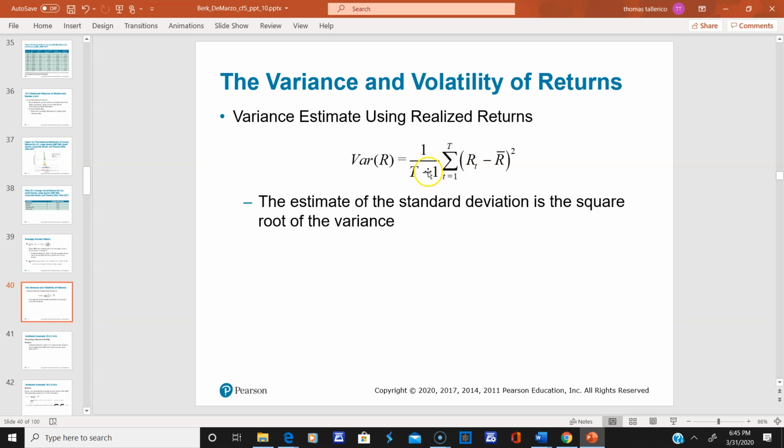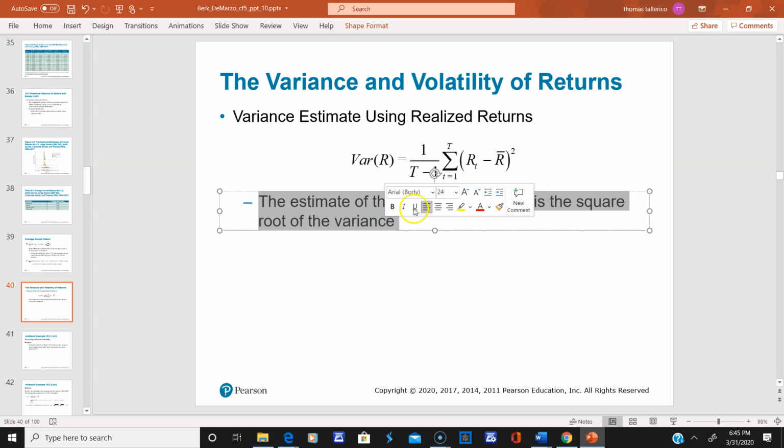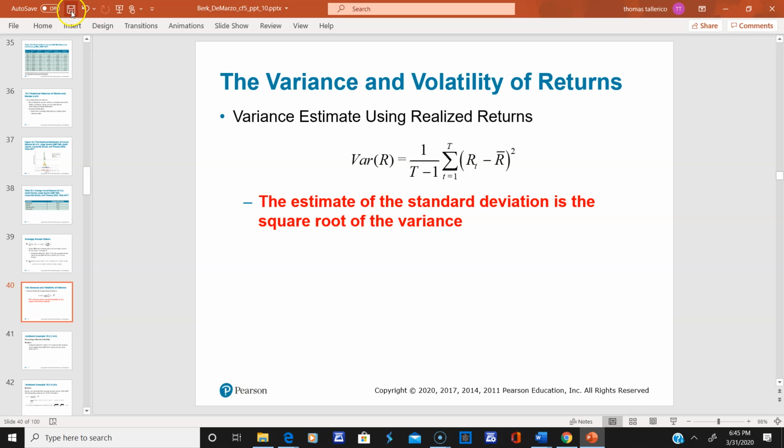And if you take the square root of this, you'll get the standard deviation. So this is important right here. Let me highlight that and make that bold. All right, and I'll save that.